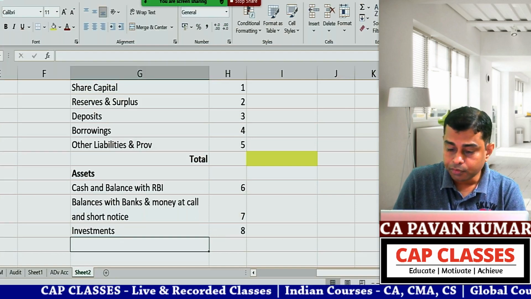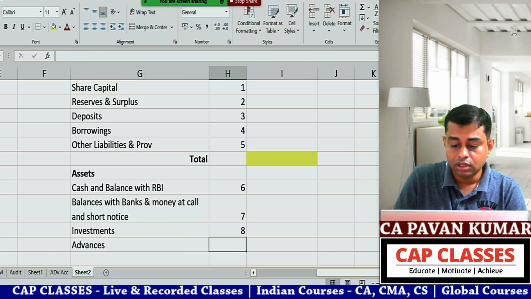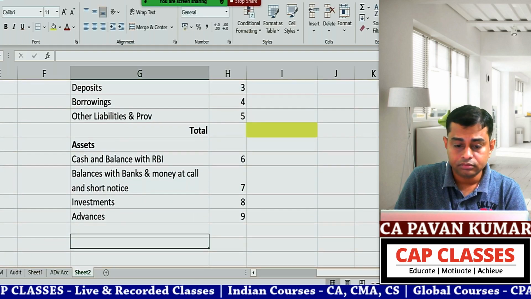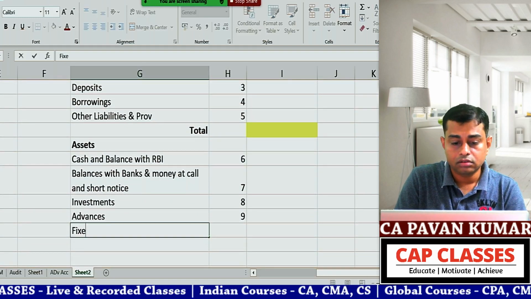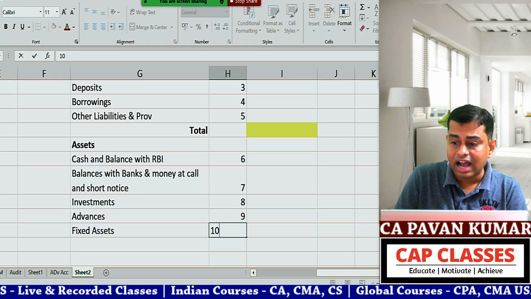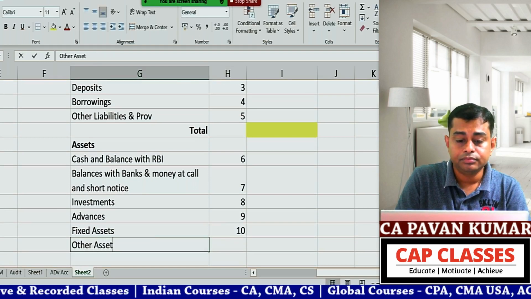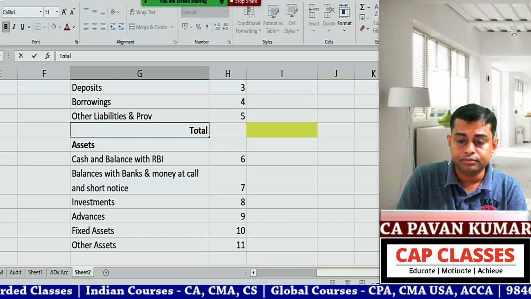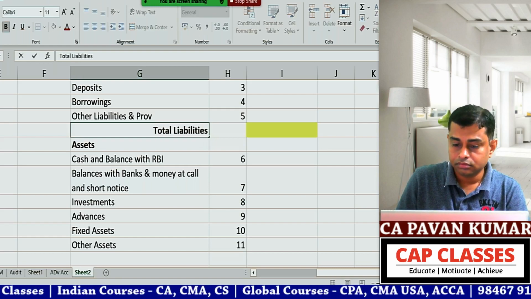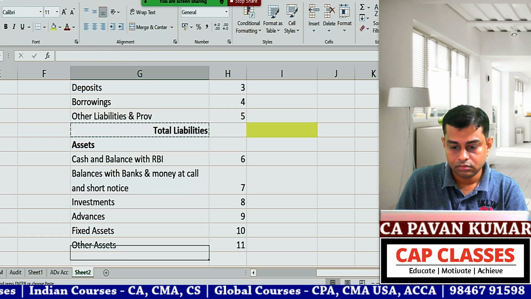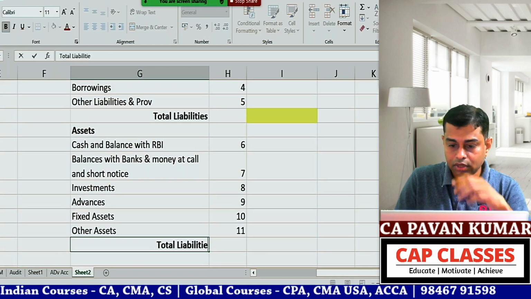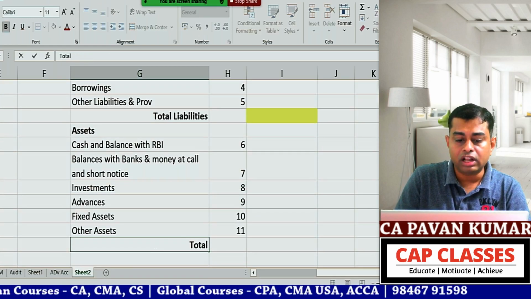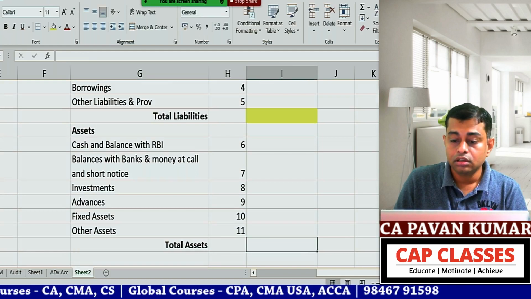Next one, advances is 9. Then fixed assets 10, other assets 11. Correct? Yes, sir. So can I say total of the asset side? Yes, you can. This is total assets.